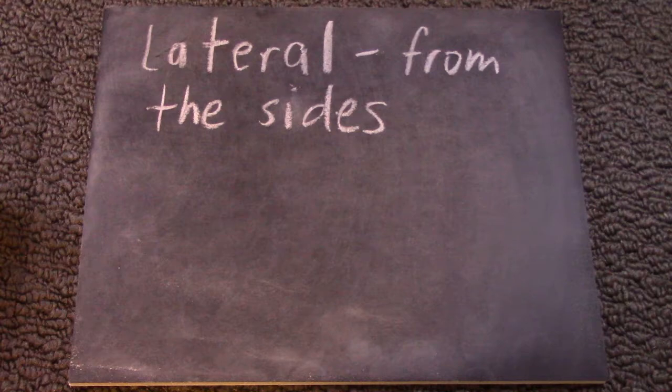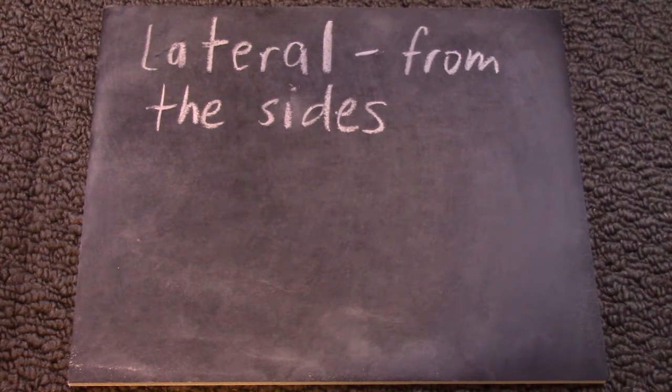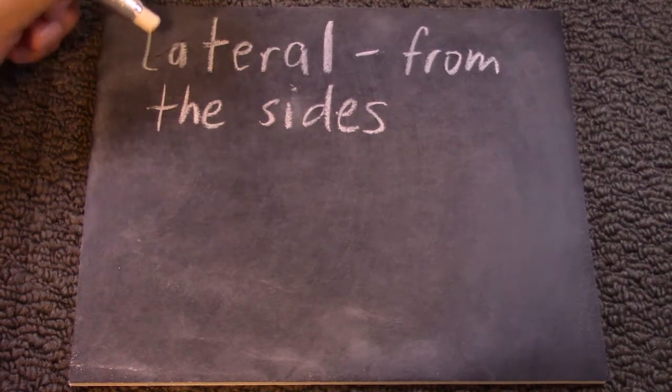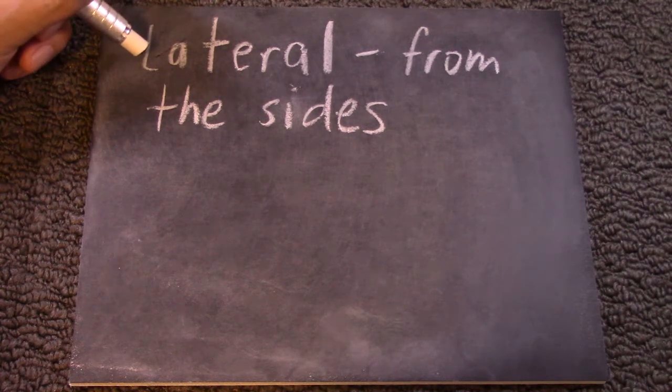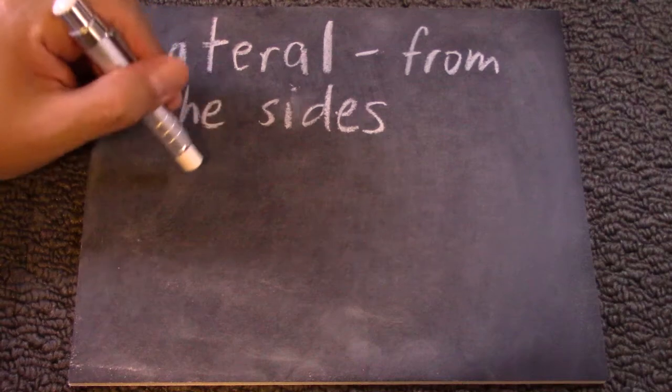So in á'islak, or in some English words as well, you'll see a lateral sound. And what this means is that when we're making a lateral sound, we're taking the tip of our tongue.